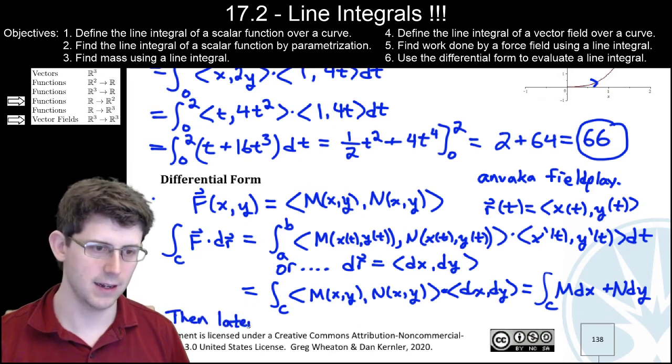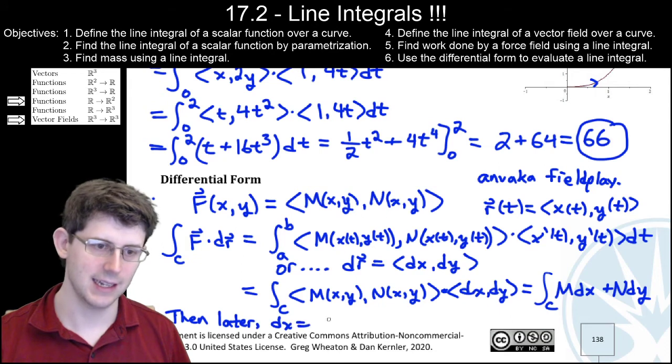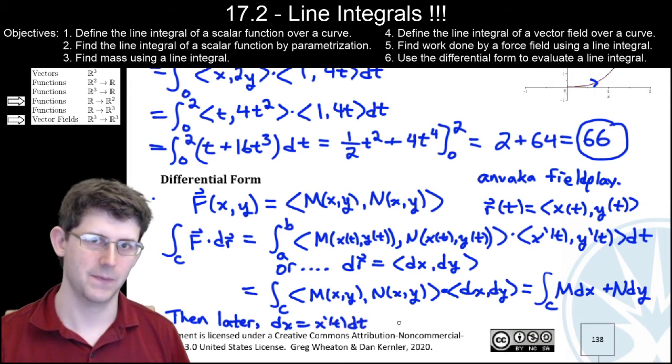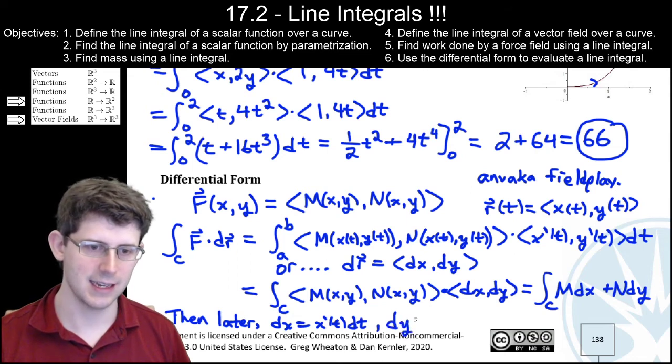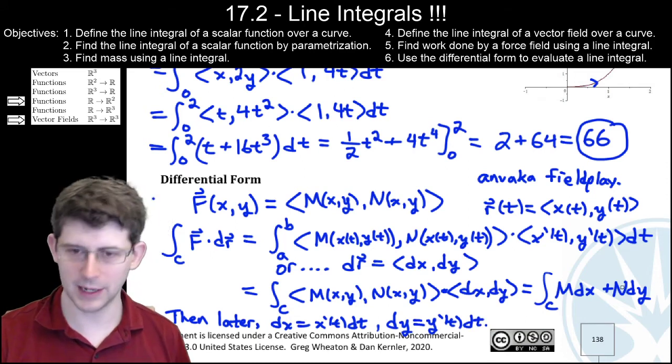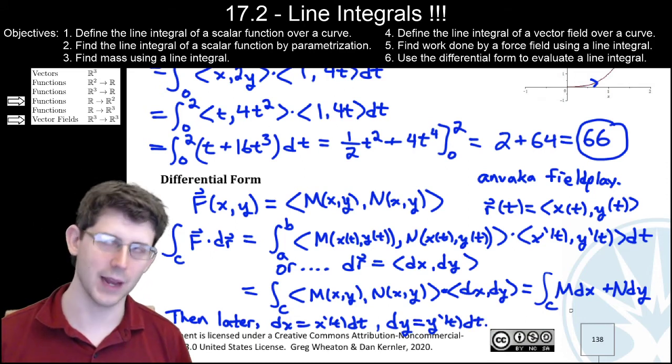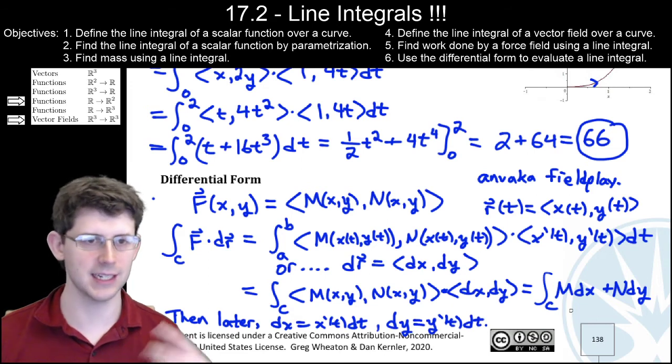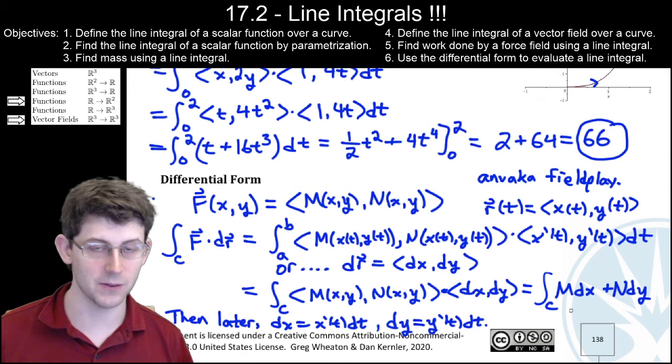The way you get the t's involved later is you write dx as x prime of t dt, and dy is y prime of t dt. The point of me bringing this up is not that it's another way for you to do the problem. I don't see any particular benefit to thinking of this as a totally different way to do things.